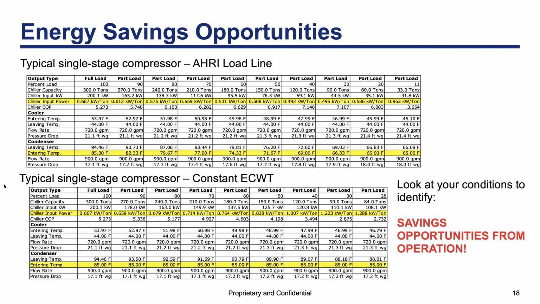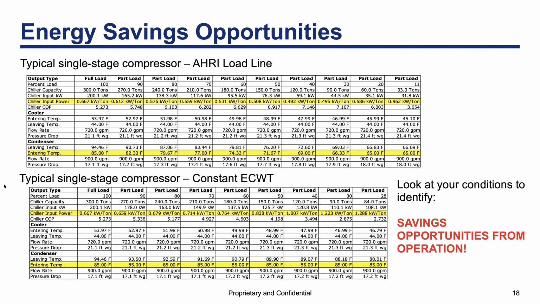The one at the top follows the ARI load line, dropping the condenser water temperature as the load decreases. And the load line selection at the bottom is for the same equipment and configuration, but running at constant entering condenser water temperature. The rows in yellow, so I can capture your attention, indicate the corresponding efficiency of this unit at different capacities or load points and the entering condenser water temperature.